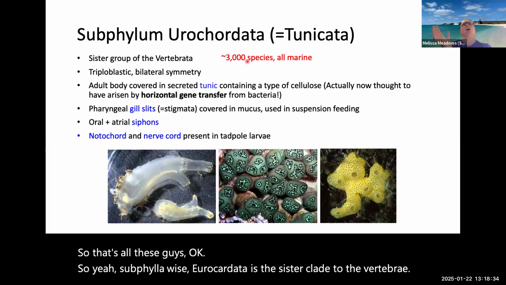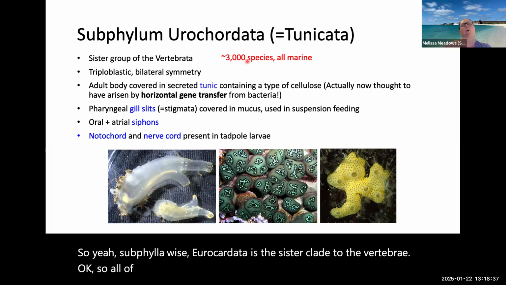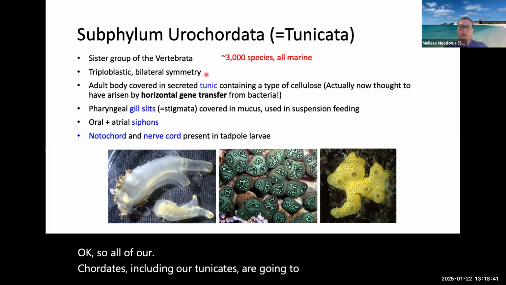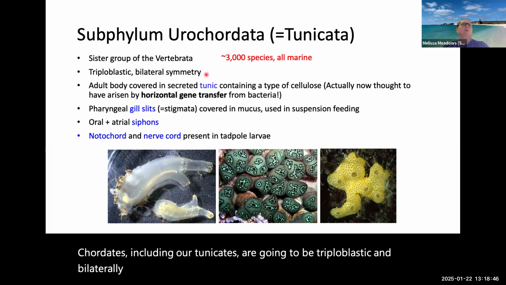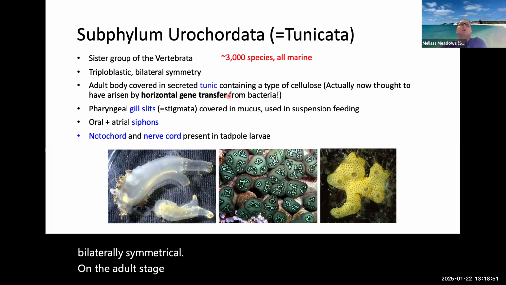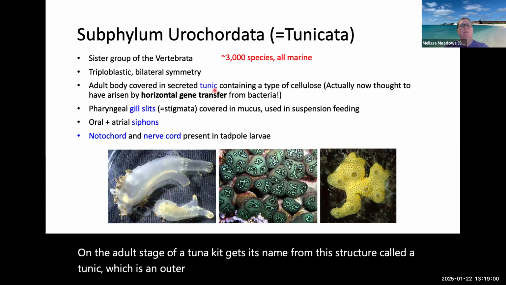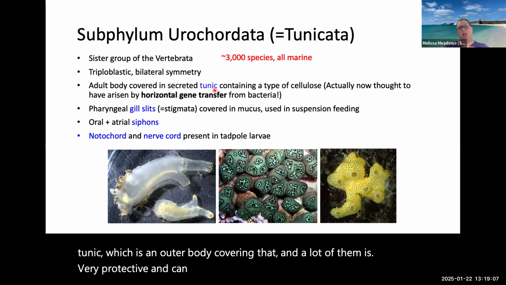Okay, so all of our chordates, including our tunicates, are going to be triploblastic and bilaterally symmetrical. The adult stage of a tunicate gets its name from this structure called a tunic, which is an outer body covering that in a lot of them is very protective and can be really thick.